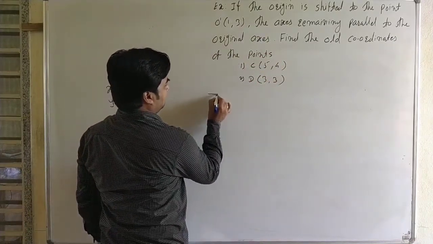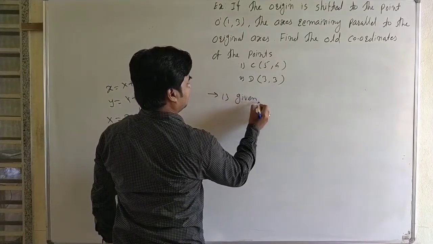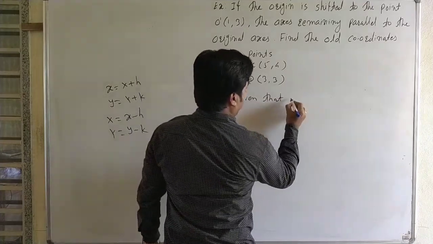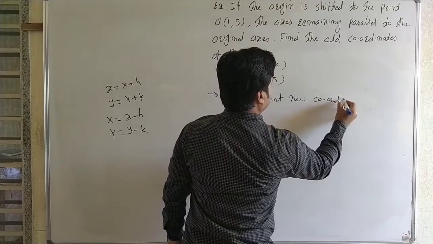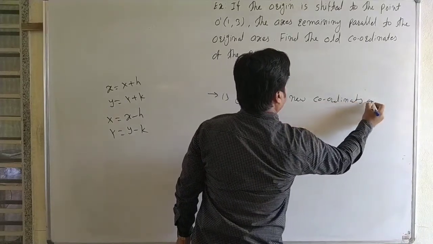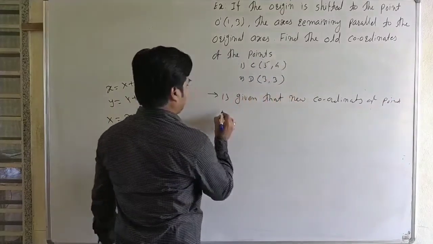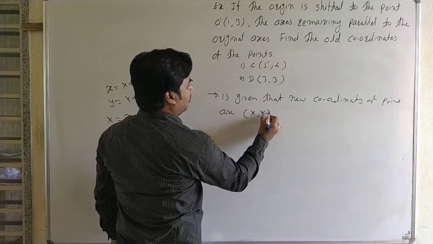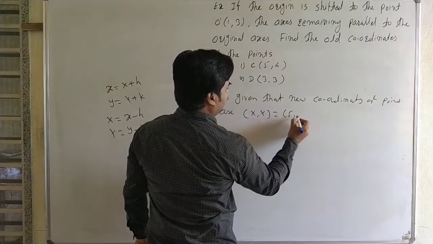Here it is given that the new coordinates of the point are x comma y, that is (5, 4).